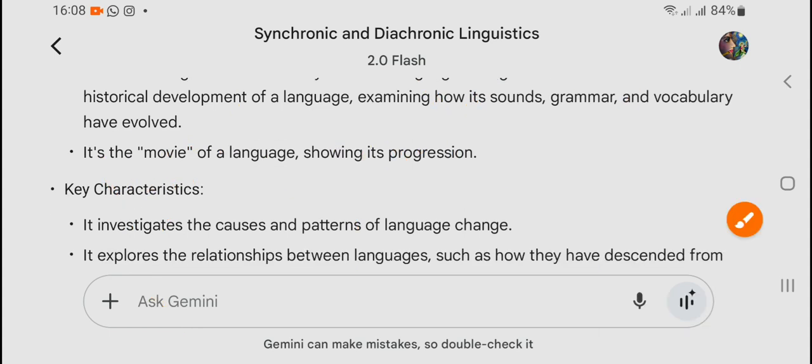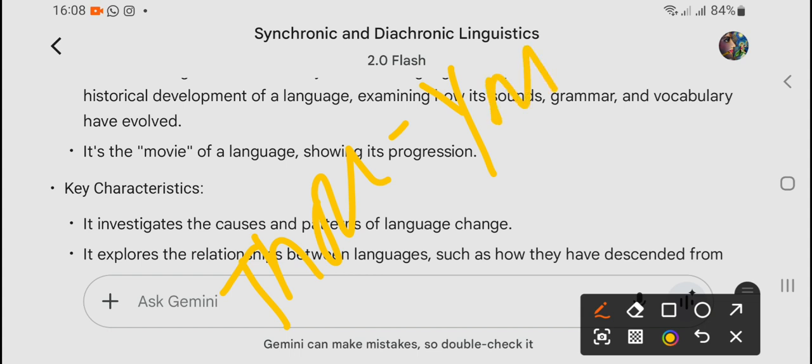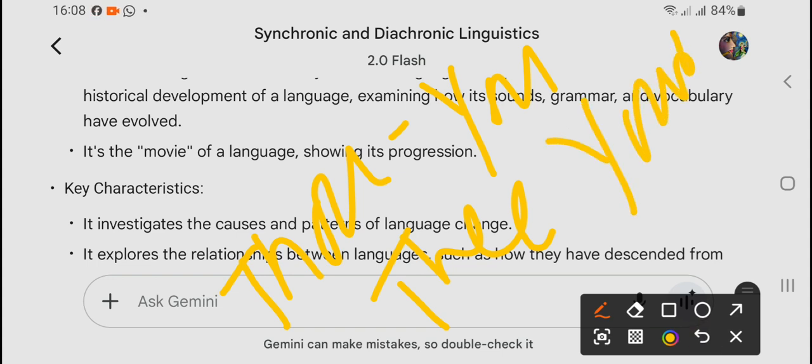Many examples you can give, but one example is thou, which is replaced by you, and thy, which is replaced by your, then doth is does.